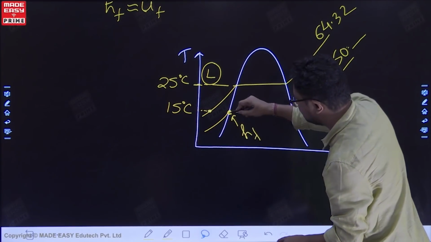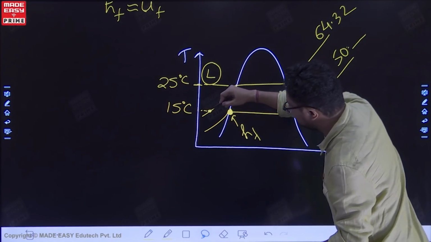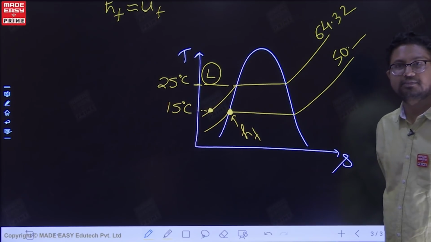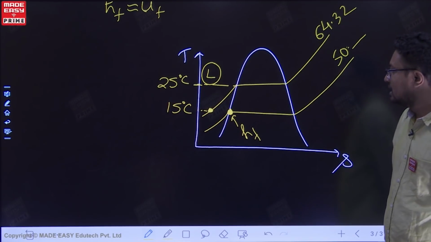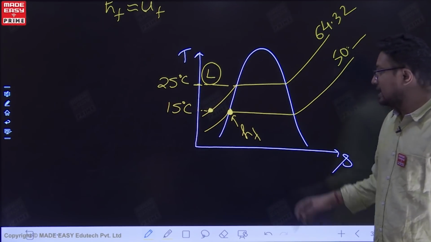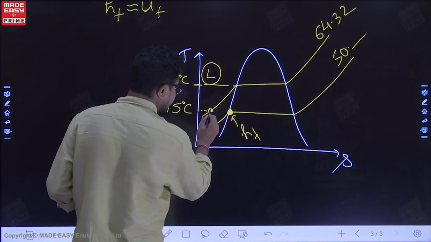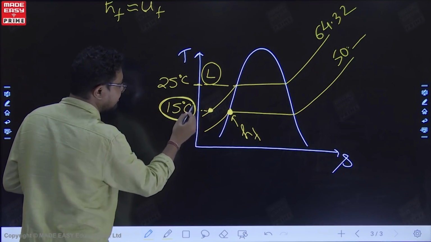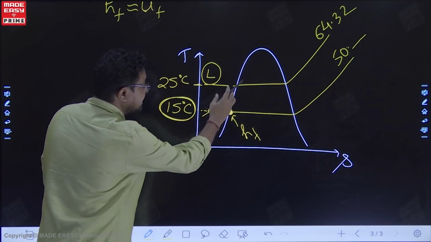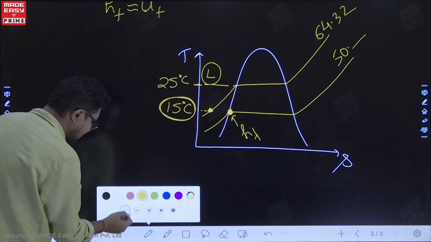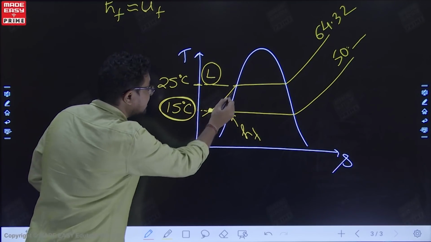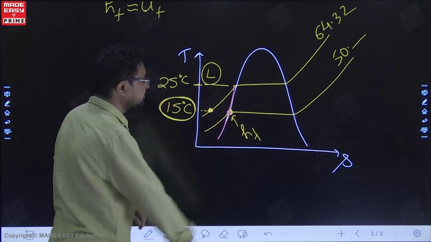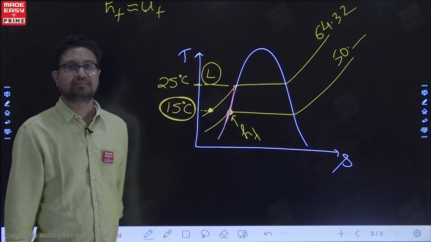So we know this and we need to know this, right? Because here and here the temperature is the same. I told you the points are shown like this, but actually these curves will be almost at the same point.